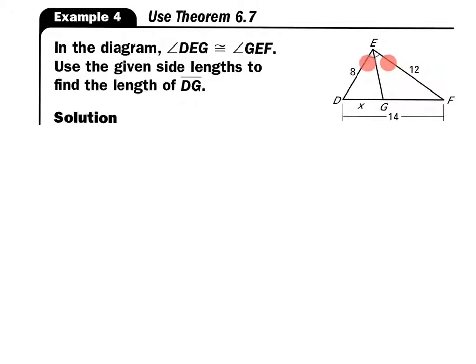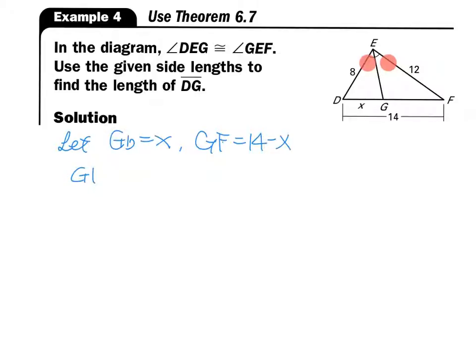So if we let GD equal x, because that's what we're asked to find, then GF is 14 minus x, right? We need these two segments because we need to find the proportionality.